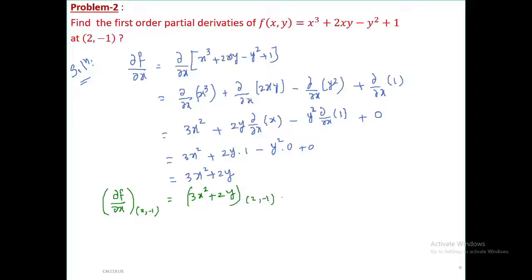That means x is equal to 2 you substitute, y is equal to −1 you substitute. What do we get? x is 2, so 3 into 2² is 12, plus 2 into y, which is −1. Then simplify: 12 − 2 is 10.